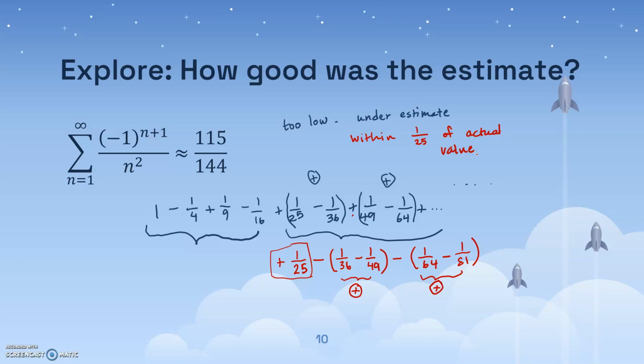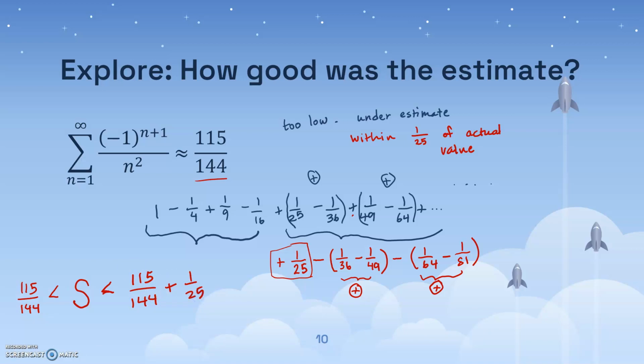In fact, because I know that the actual sum is slightly bigger than this, I know that the actual sum is going to be between 115 over 144 and whatever 115 over 144 plus 1/25th is.